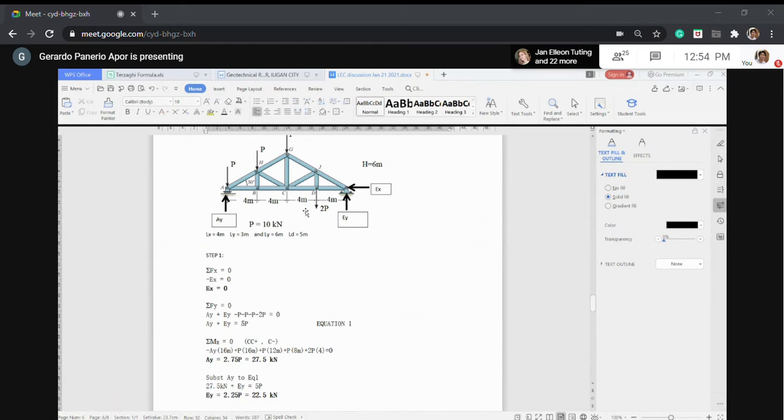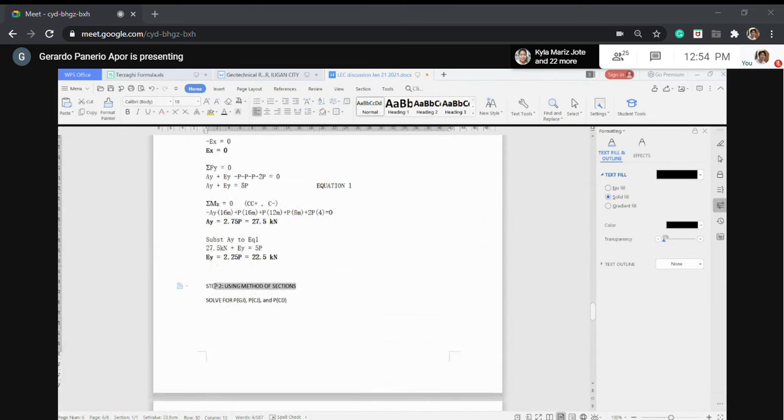So that means that if you do method of joint, you can only solve PGG if you have already solved some of the members here, which takes longer to reach there. So to go direct, you will use method of sections.